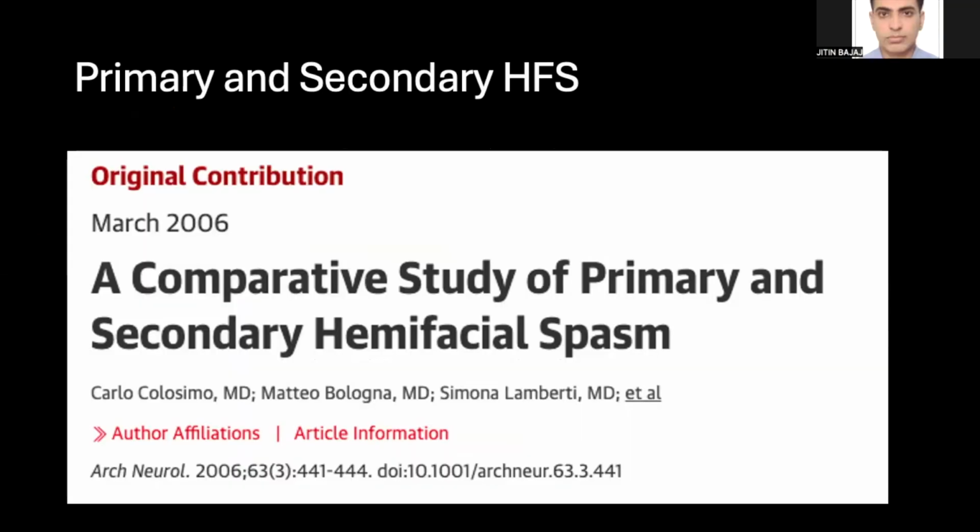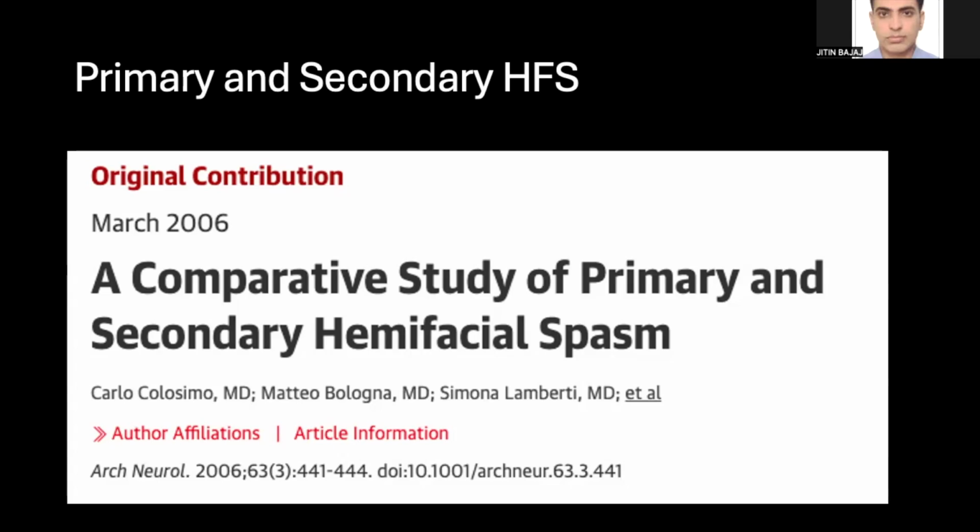Hemifacial spasm can be divided into primary and secondary. Primary hemifacial spasm is commonly attributed to vascular loops compressing the seventh cranial nerve at its root exit zone. Secondary hemifacial spasm is labeled when HFS arises due to facial nerve damage produced after Bell's palsy, tumors, demyelinating disorders, or trauma.